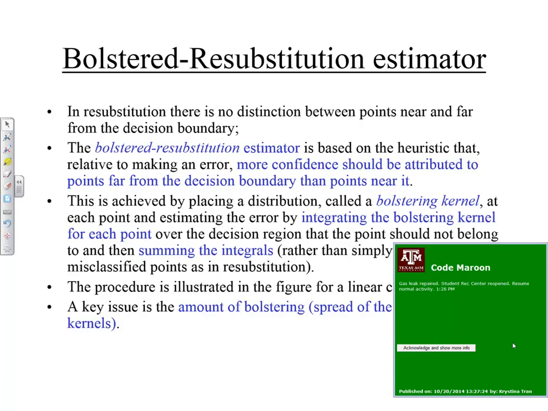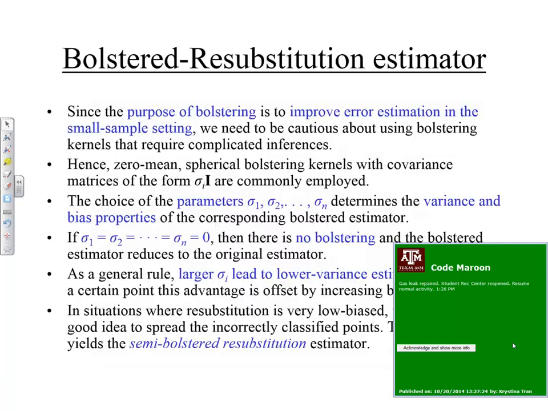The procedure is illustrated in the figure for a linear classifier, and a key issue is the amount of bolstering, that is the spread of those kernels, how much they should be spread out. To get a better idea about that, you probably have to take a look at Dr. Braganito's paper. All right, any questions?